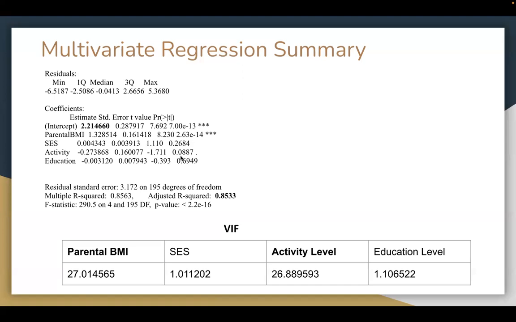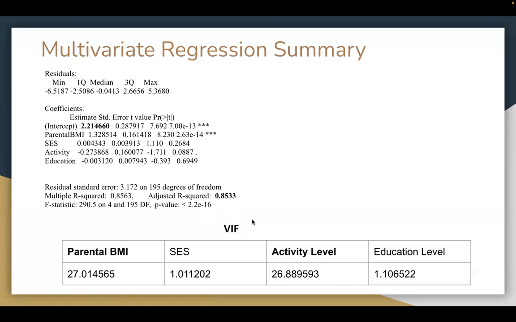Looking at our p-values, we see that parental BMI is the only statistically significant variable or predictor. Socioeconomic status and education are definitely not, and activity is kind of close, but it is not statistically significant at the 0.05 level.